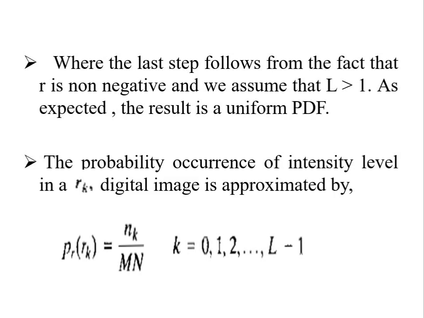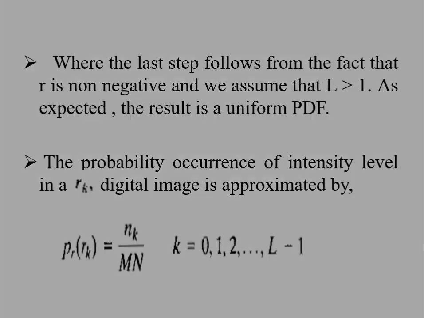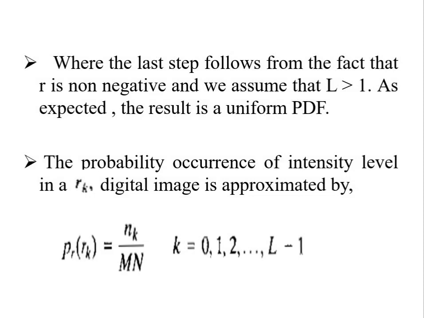As mentioned earlier, the probability of occurrence of an intensity level r_k in a digital image is approximated by p_r(r_k) equal to n_k upon MN, where k is 0, 1, 2, up to L minus 1, where MN is the total number of pixels in the image, n_k is the number of pixels that have the intensity r_k, and L is the number of possible intensity levels in the image, for example 256 for an 8-bit image.